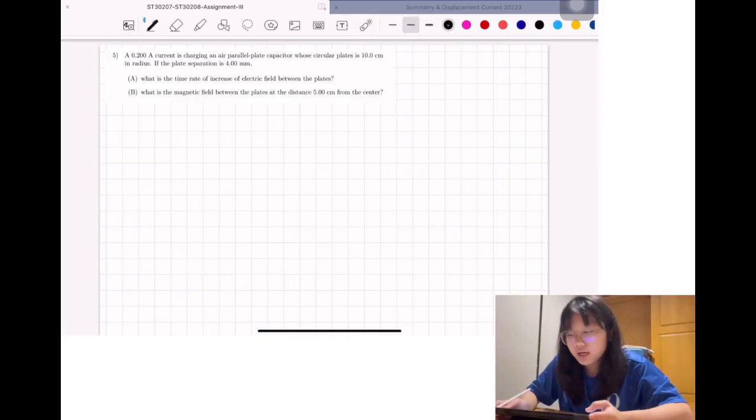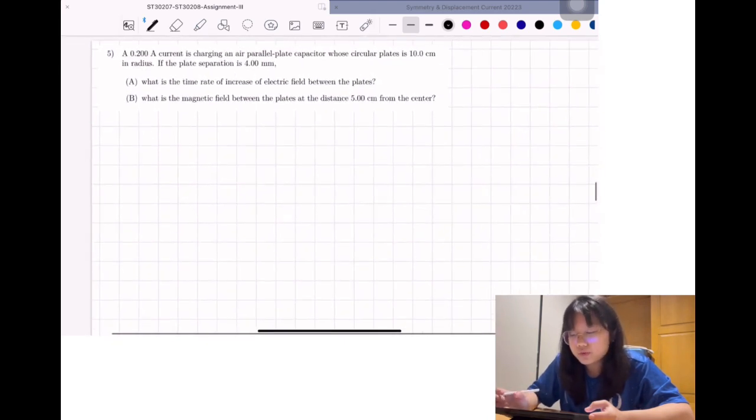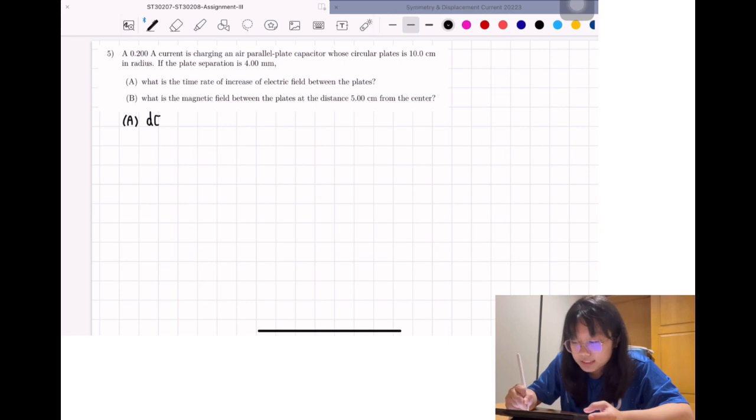For question 5 in calculation, a 0.2 ampere current is charging an air parallel plate capacitor whose circular plate is 10.0 cm in radius, and the plate separation is 4.00 mm. The first part asks about the time rate of increase of the electric field between the plates, which is asking about dE by dt.